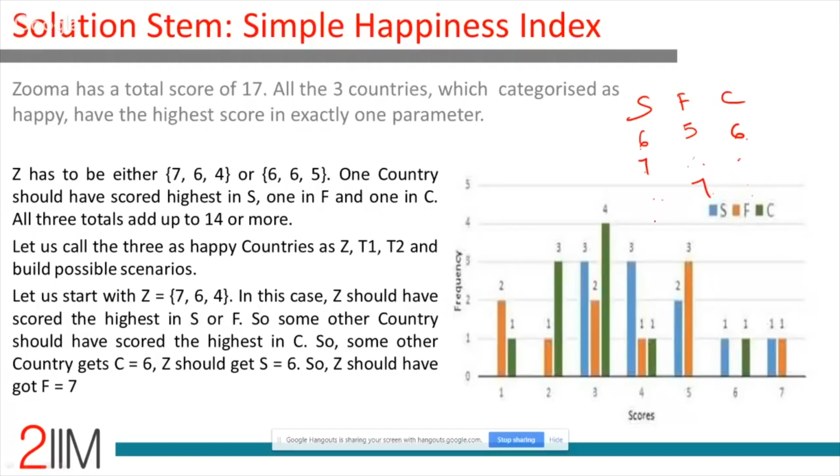Both seem possible unless we are overlooking something. 7 6 4. S could be 7 or F could be 7. When S is 7, you could have F to be 6 and C to be 4. C is green, there's a green 4 available. F cannot be 6.